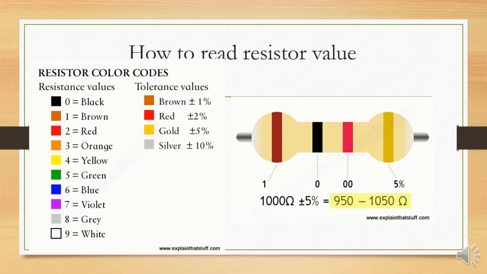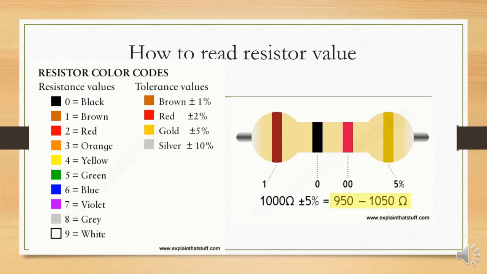For example, 0 is shown with the black color, and 1 is shown with the brown color. If the color is red, then the value will be taken as 2. If the color is orange, then the value will be taken as 3. 4 for yellow, 5 for green, 6 for blue, 7 for violet, 8 for gray, and 9 for white.